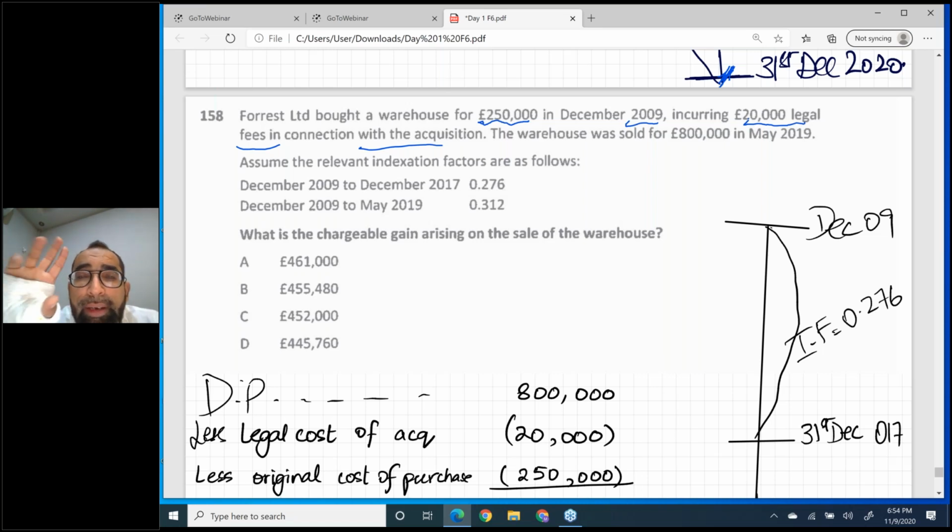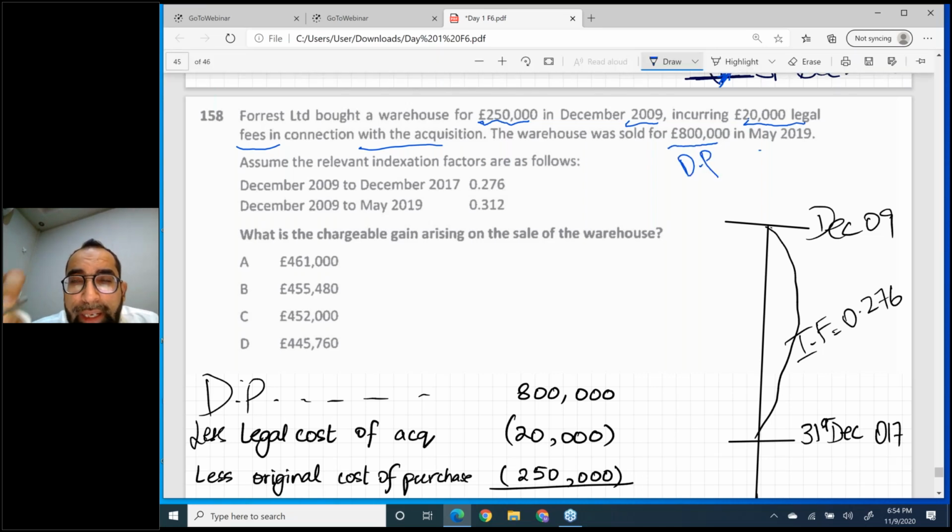These two are allowed, and indexation allowance will be computed on both of them. The warehouse was sold for 800,000, this is the disposal proceeds, in May 2019. Now this is a very simple question.